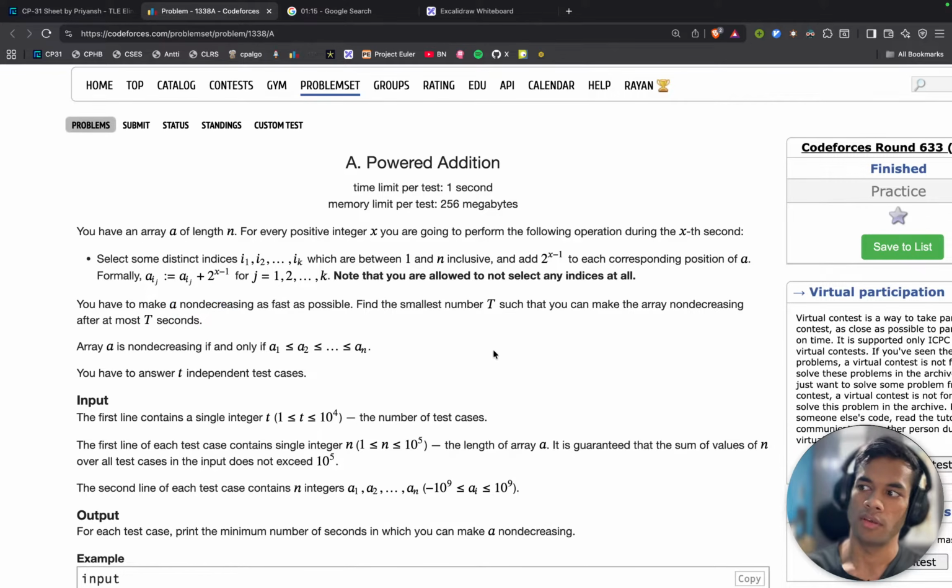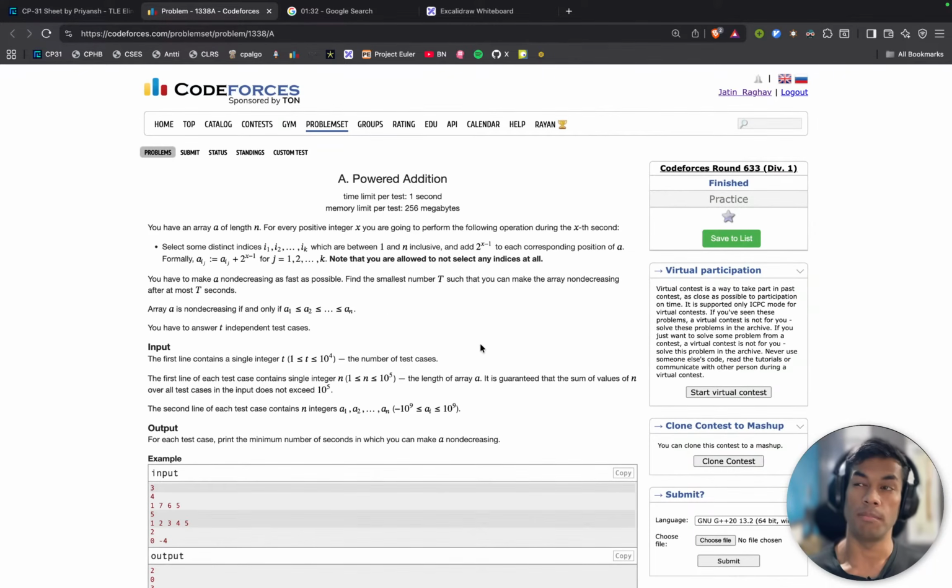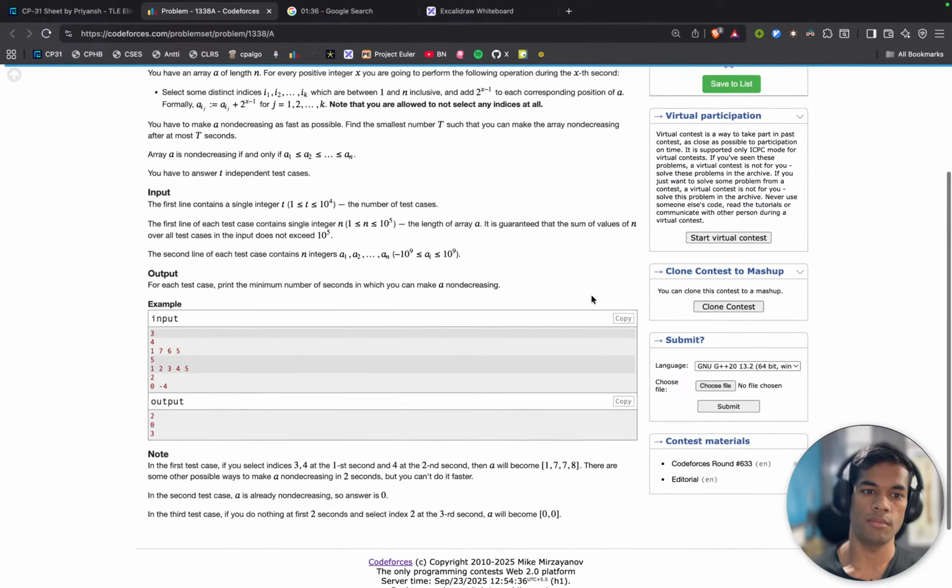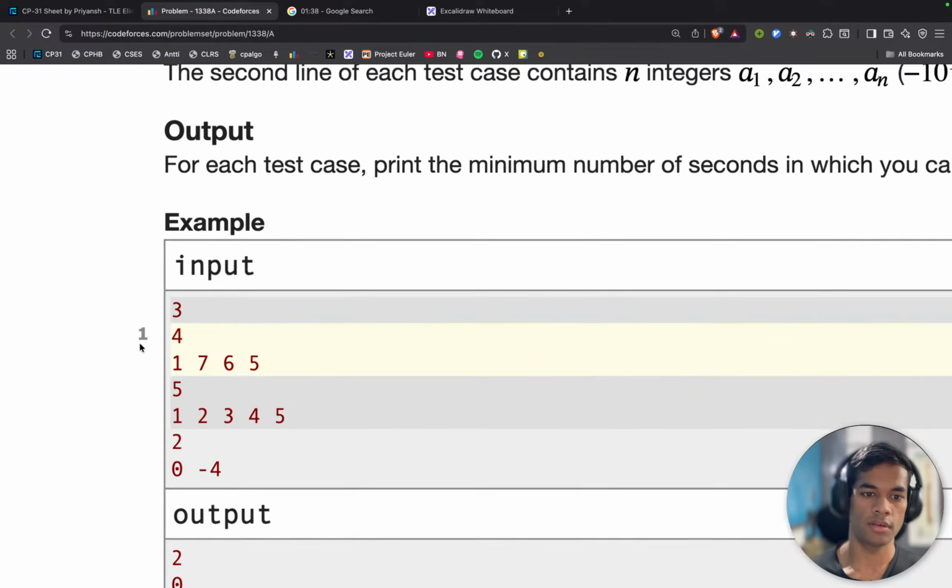Non-descending, so like equal or increasing. Can't we just start going from the left and find the biggest difference? Wait, this seems a bit easy.